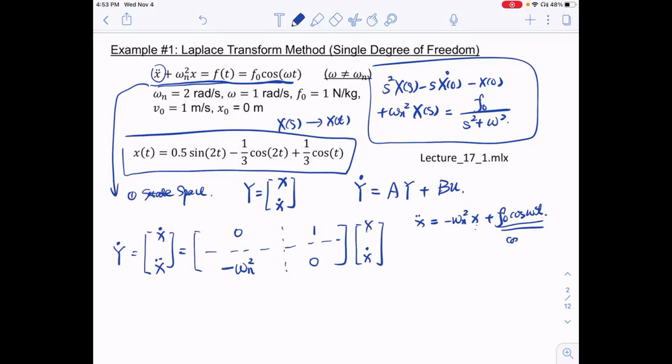And then all the terms that have nothing to do with your state variables belong to the b times u part. In this case, that's f naught cosine omega t. So this b times u has all the terms without state variables.